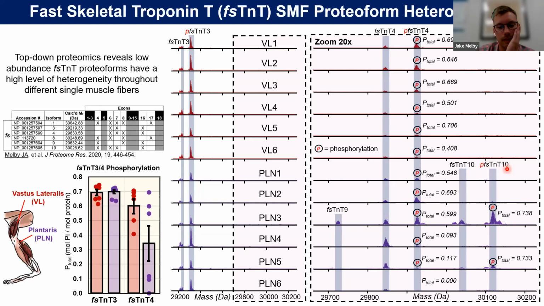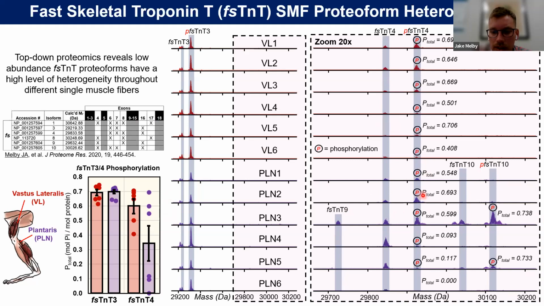And what's really interesting is there's a remarkable amount of heterogeneity in these lower abundance proteins, to the point where some of the proteoforms exist in some fibers, but not others, such as where I'm putting my cursor here and here. Whereas in the quad muscle, they all had the same troponin T4 proteoform as well as the phosphorylated variant.